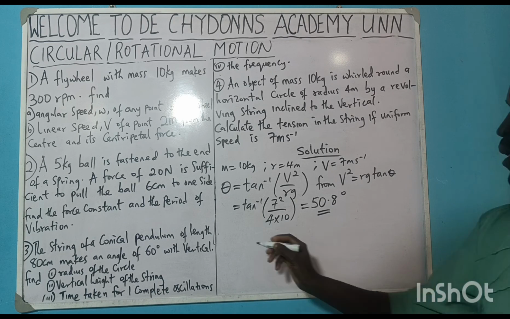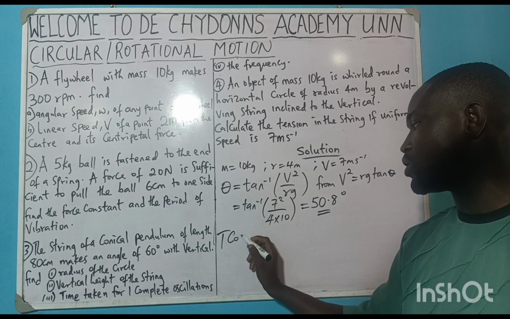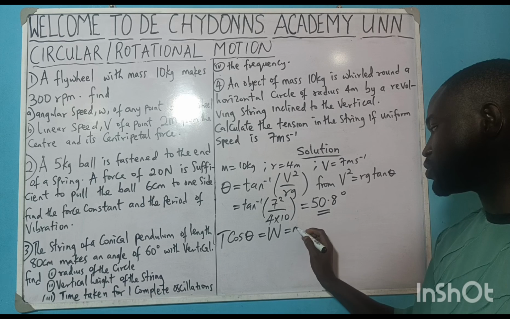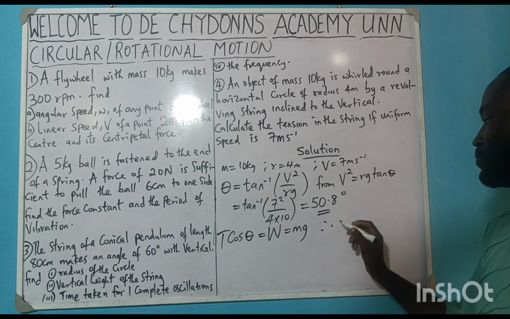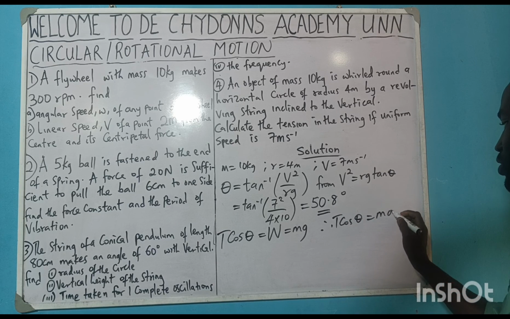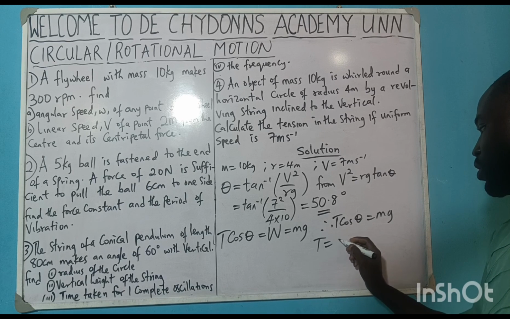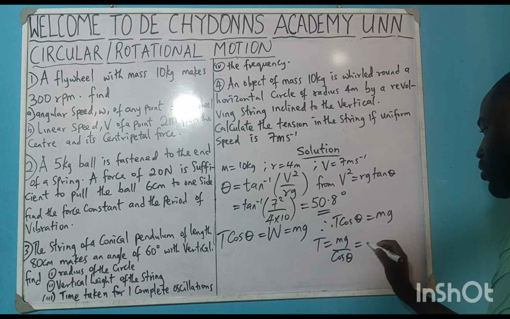Then to get the tension, do you remember that T cos theta is equal to W, which is equal to mg, from our derivation? Therefore, T cos theta is equal to mg. T will be equal to mg all over cos theta, equals m is what? 10.